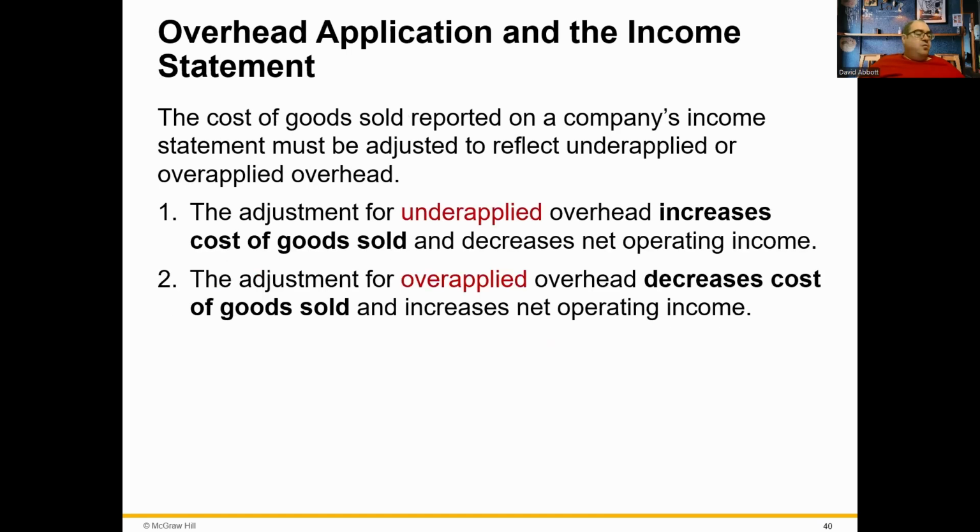And the cost of goods sold reported on the company's income statement must be adjusted to reflect the underapplied and the overapplied overhead. The adjustment for underapplied overhead increases cost of goods sold and decreases net operating income. The adjustment for overapplied overhead decreases cost of goods sold and increases net operating income.